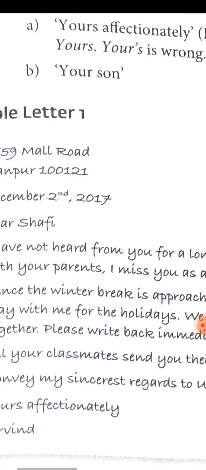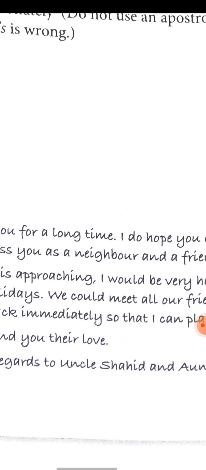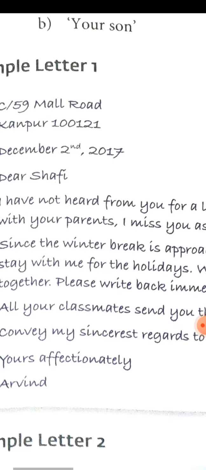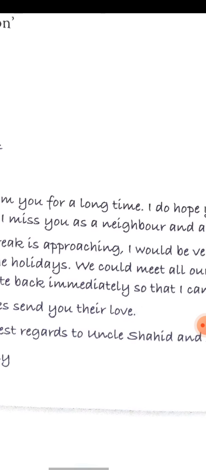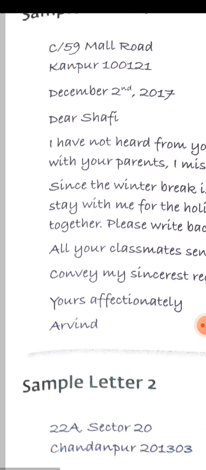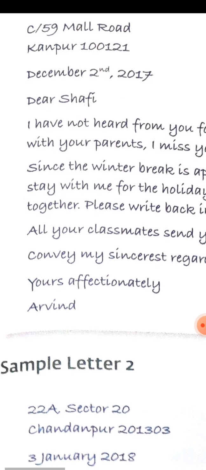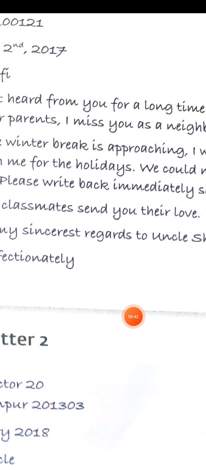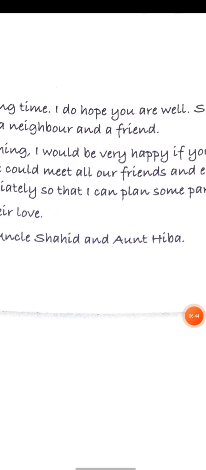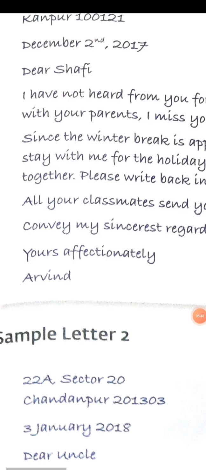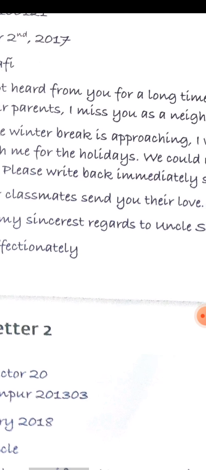I have not heard from you for a long time. I hope you are well. Since you went away with your parents, I miss you as a neighbor and a friend. So this is the body of the letter. Since the winter break is approaching, I would be very happy if you could come and stay with me for the holidays.